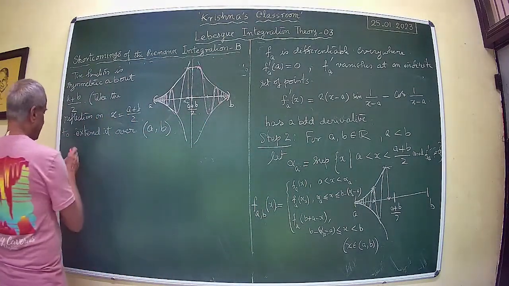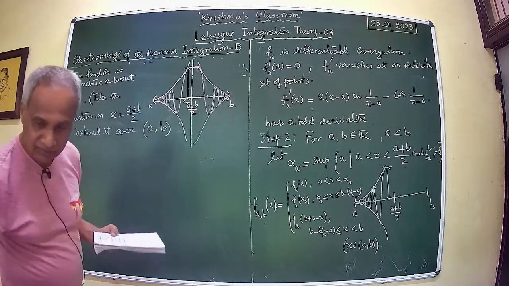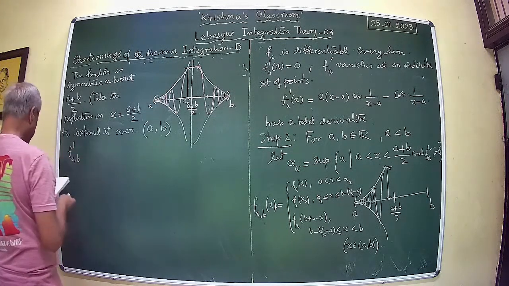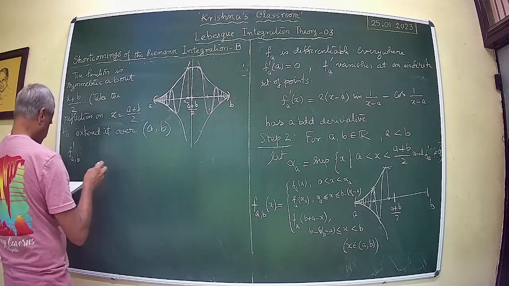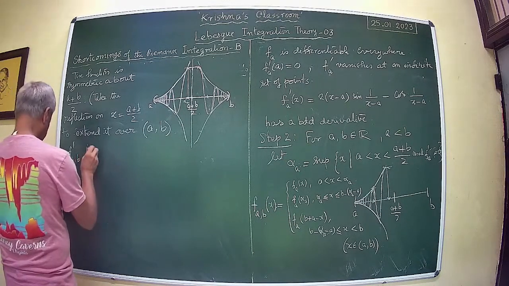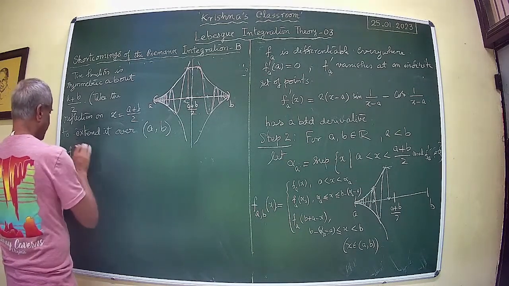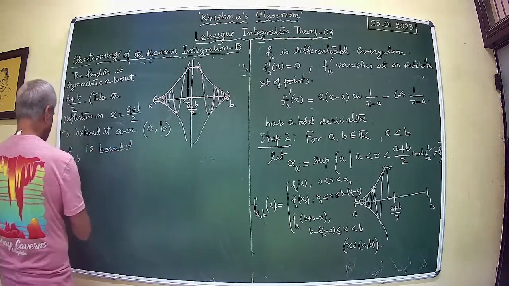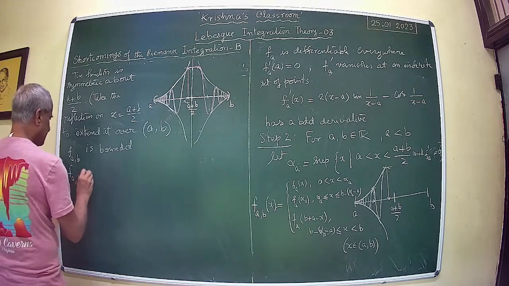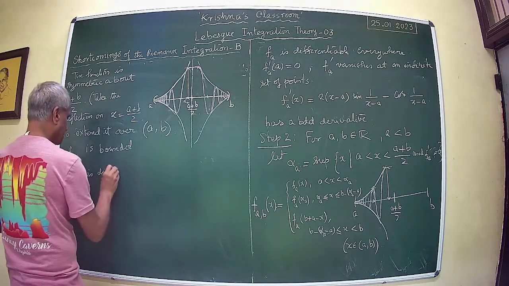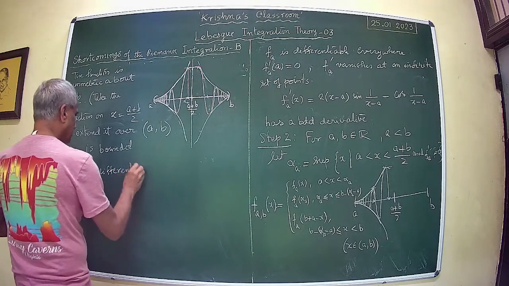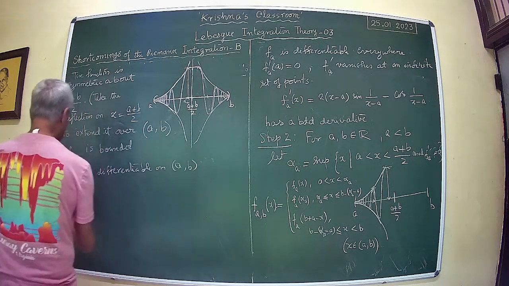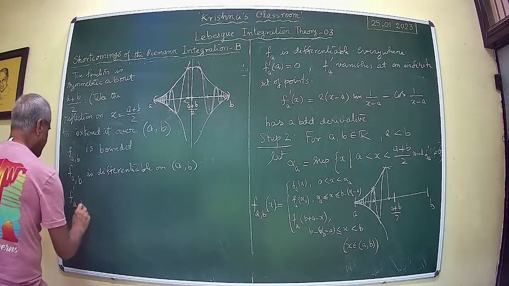Now you observe that f is bounded, f on AB is differentiable, and you also have f derivative on AB bounded.